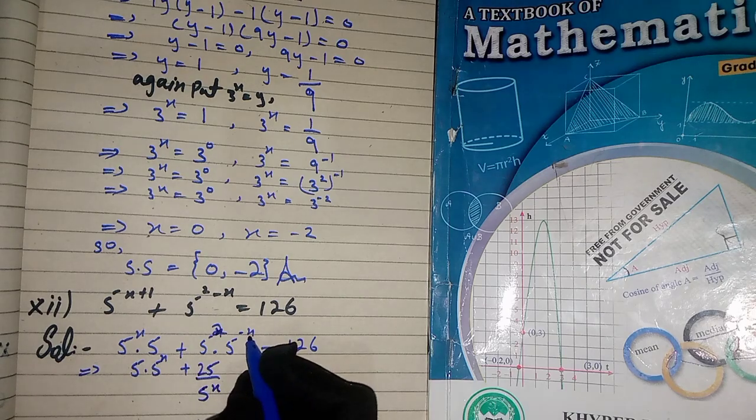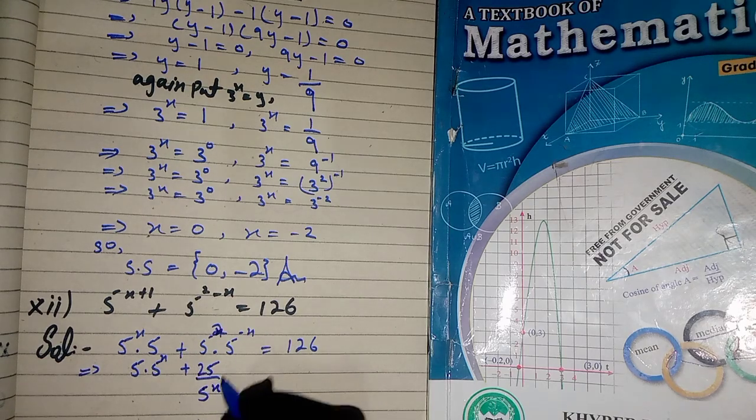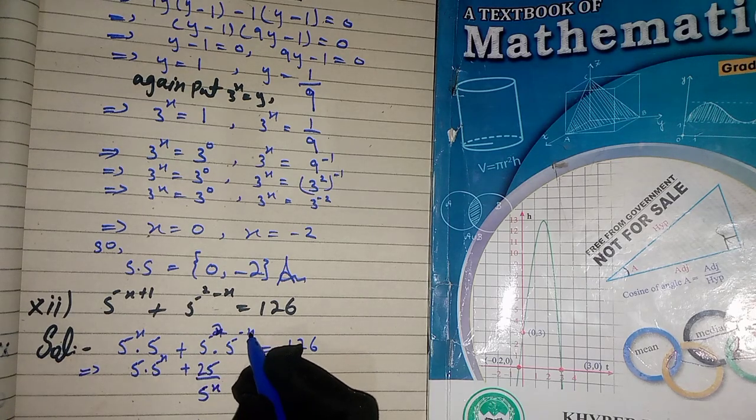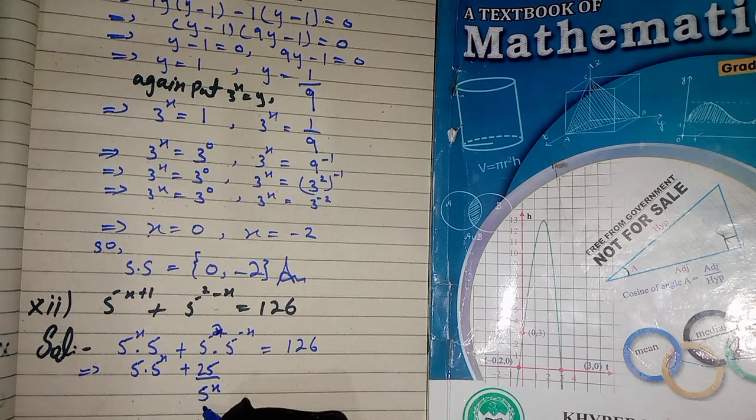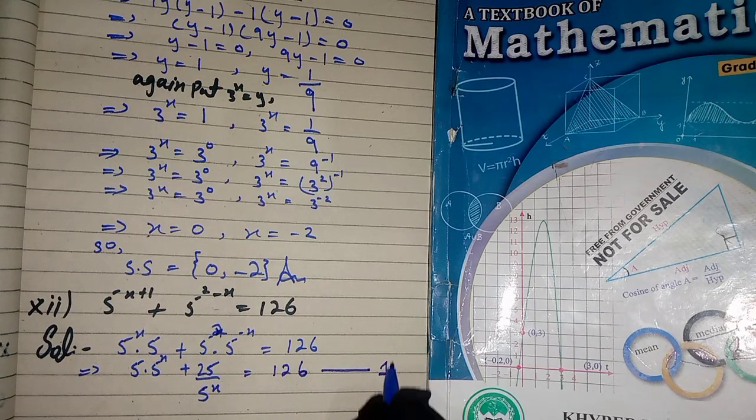To make minus x to plus x, 5 power minus x is upper and when it goes below it becomes plus x, equal to 126. Equation 1.